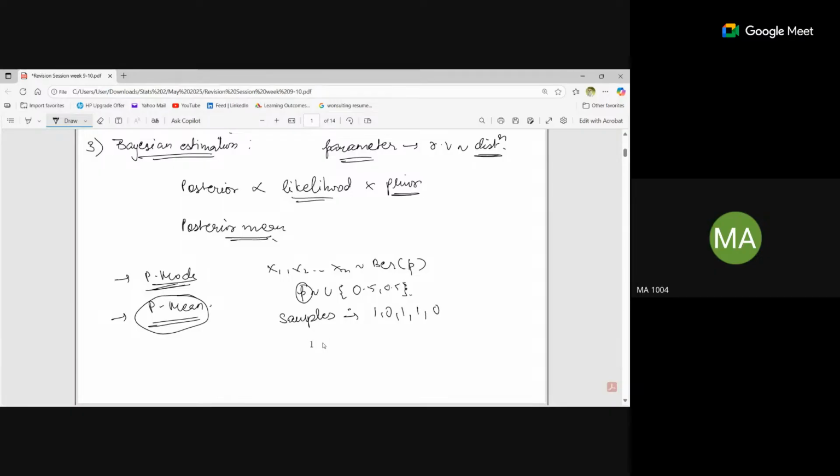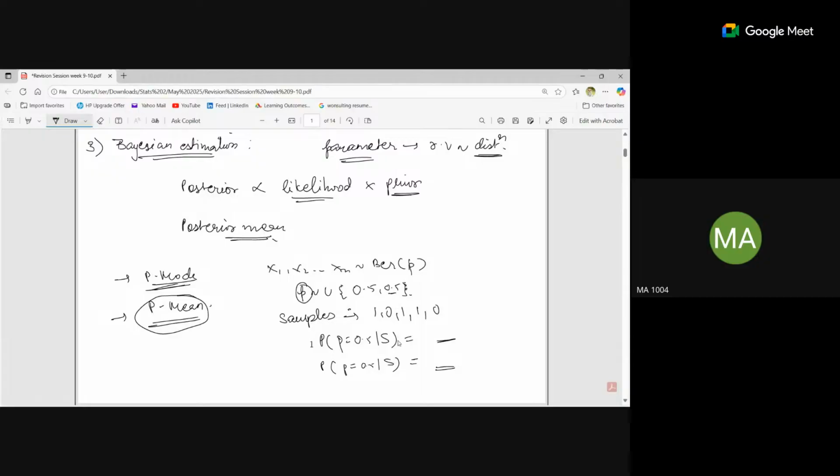Then you would be finding the probability that p is 0.5 given the samples. Again, you will be calculating for p equals 0.5, the second one, with the samples. Then you will be calculating some value.